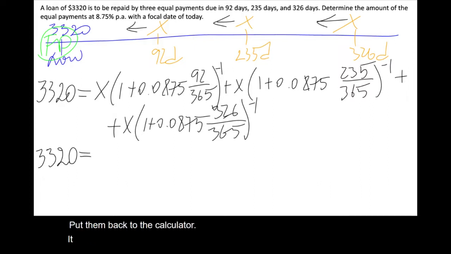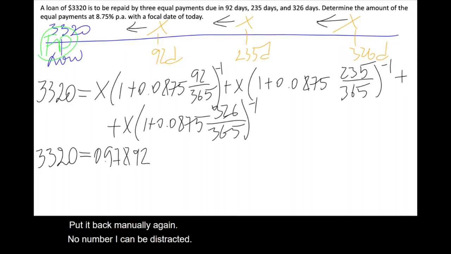It makes my process faster, and I avoid mistakes because I don't put it back manually again. Long number, I can be distracted, read the letter or number wrong.